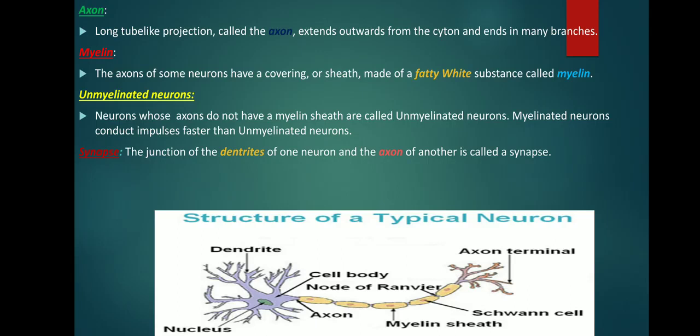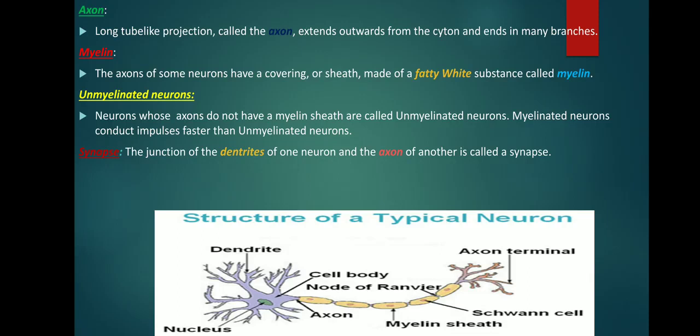Neurons whose axons do not have a myelin sheath are called unmyelinated neurons. Myelinated neurons conduct impulses faster than unmyelinated neurons. An axon carries impulse messages away from the cyton. Its branches make connections with the dendrites of other neurons, forming a continuous pathway.